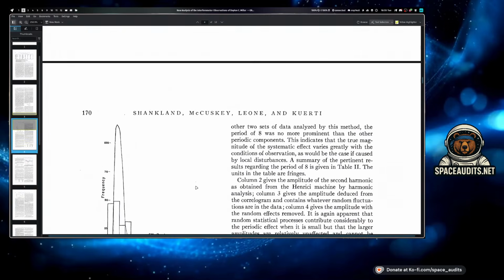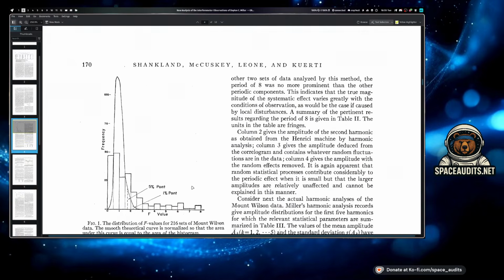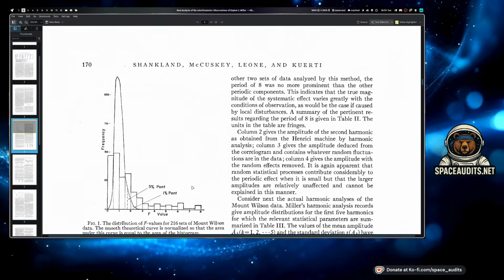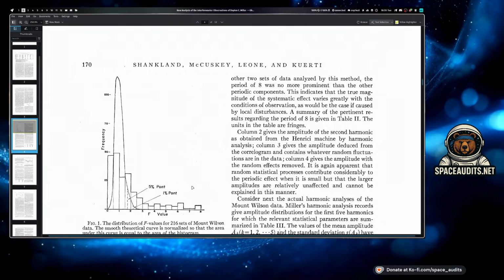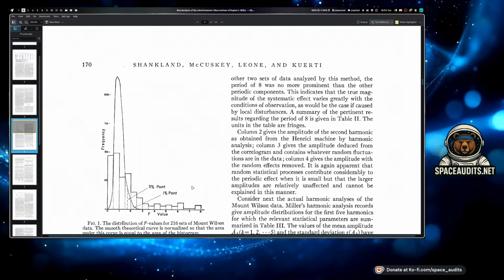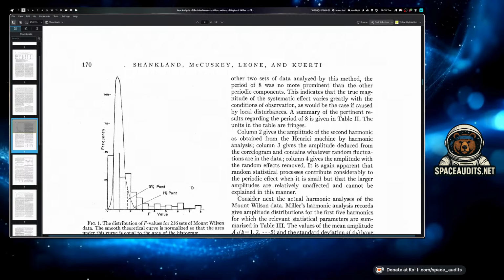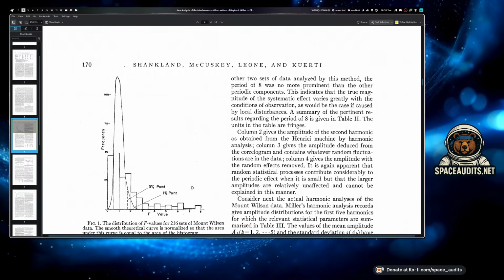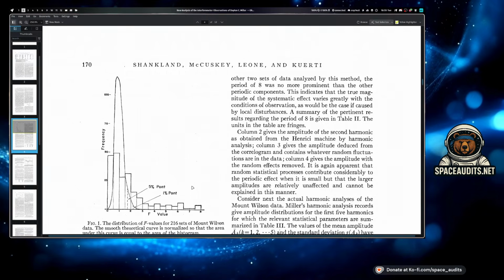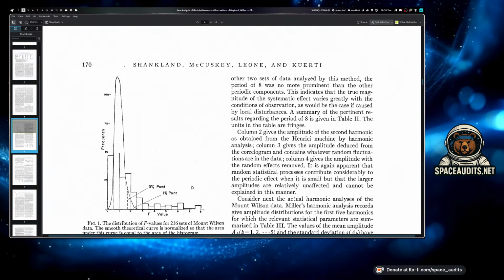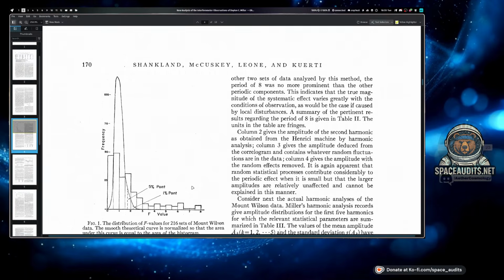However, in the other two sets of data analyzed by this method, the period of 8 was no more prominent than the other periodic components. This suggests the true magnitude of the systematic effects varies greatly with the conditions observed, as would be the case for effects caused by meteorological or local disturbances.